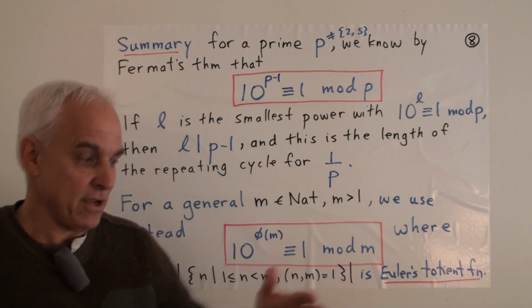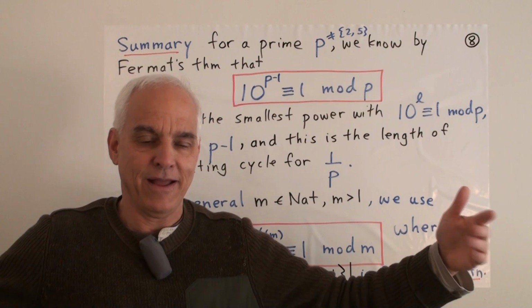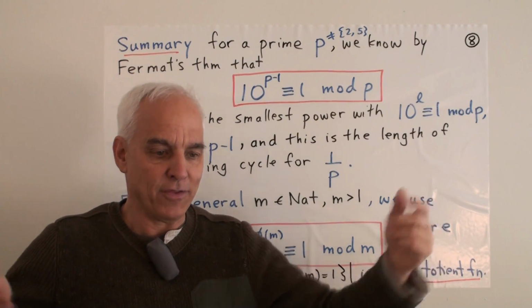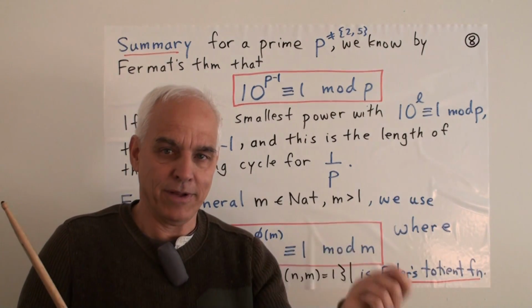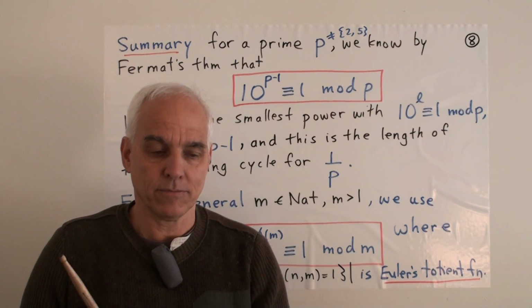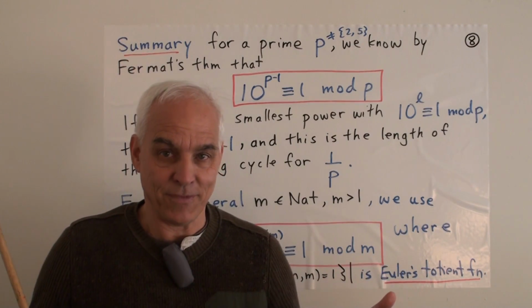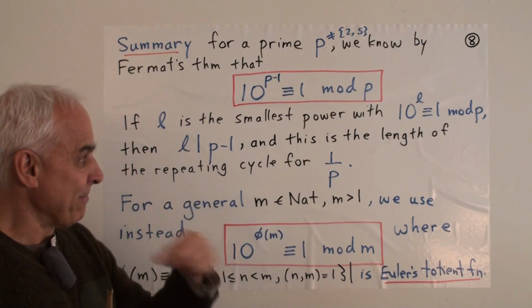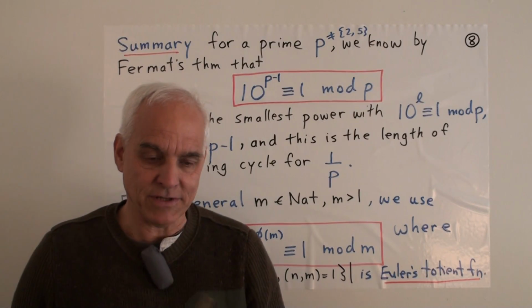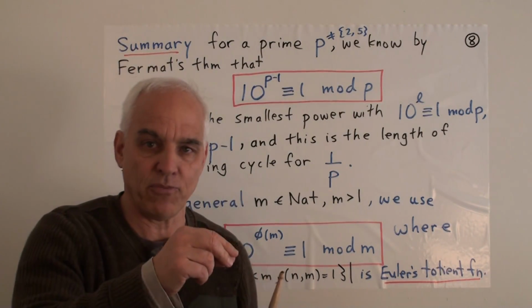So in other words, let's say I gave you a huge prime, maybe 50 digits long, and I asked you, what is the length of the cycle that you get when you look at 1 over this prime p? Well, actually doing the long division might be very onerous. So now we understand a much more efficient way of thinking about what happens. It's really just a question of looking at powers of 10 modulo this prime.